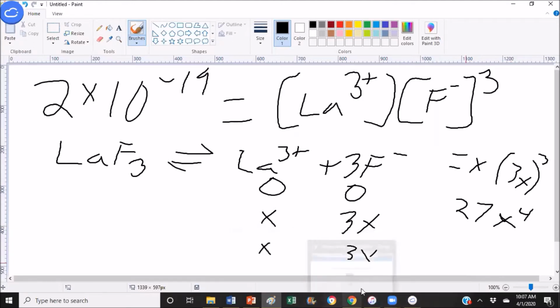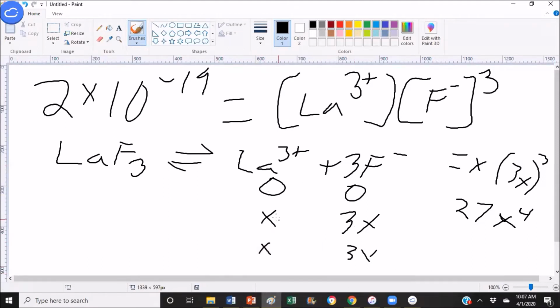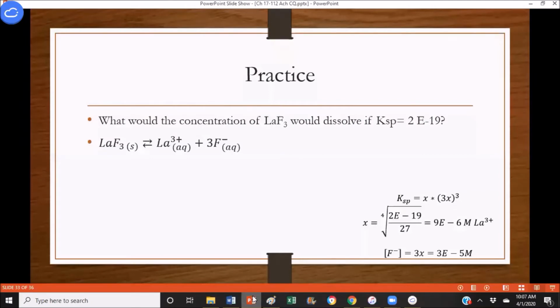How would you solve that? The same way; you would solve for X. You take this number and divide by 27 to get rid of it. Then you take the 4th root of the result, and that will give you X. Looking back at our ice table, this is X, so this is the concentration. If I'm asking the concentration of fluorine, it would be X times 3. That's the hardest thing I could throw at you for Ksp.